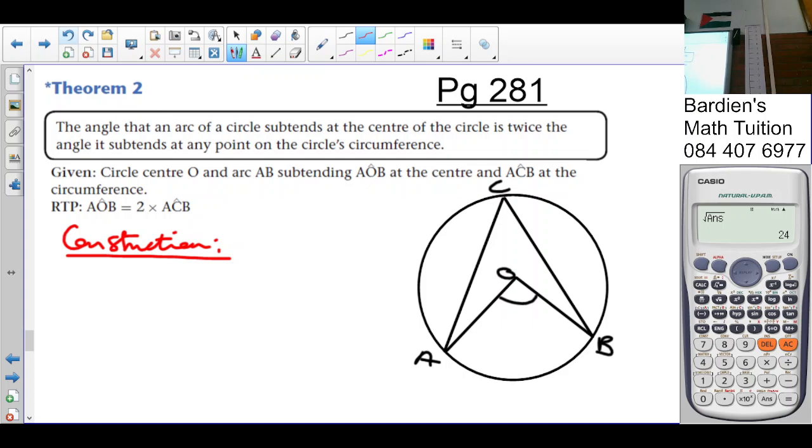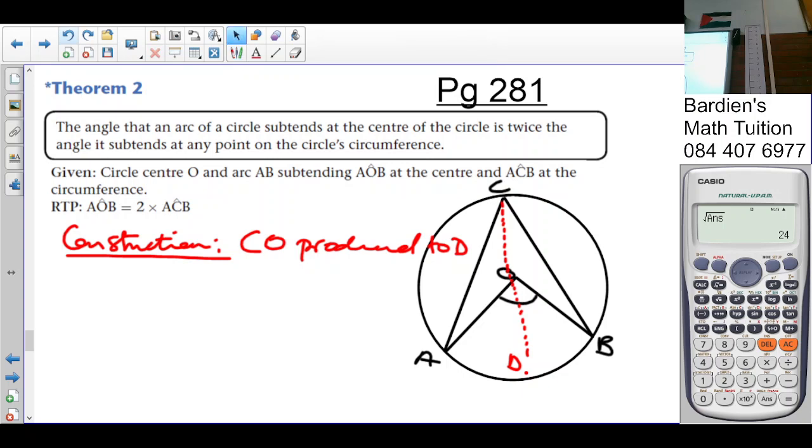We're going to construct CO produced to D. We construct line CO, and produced means extended to D. So there's your line going through O to D. Can you see that, people?